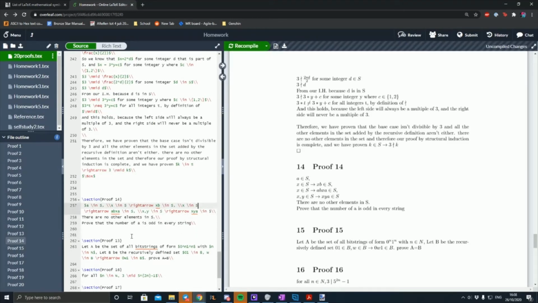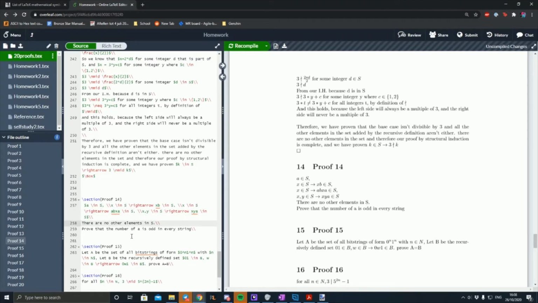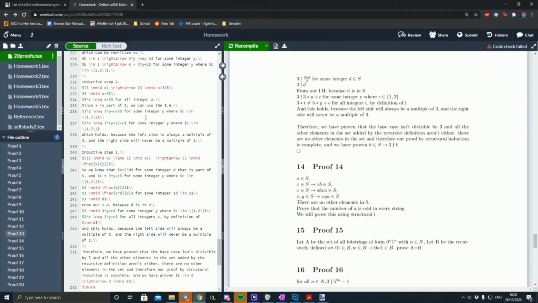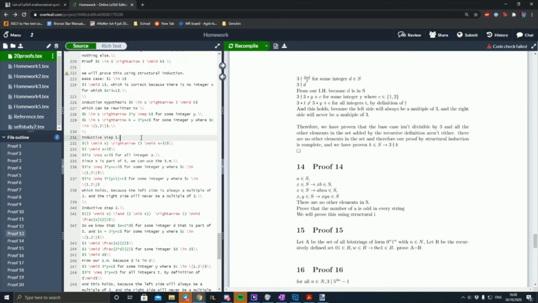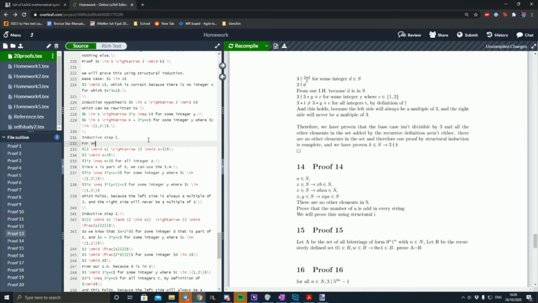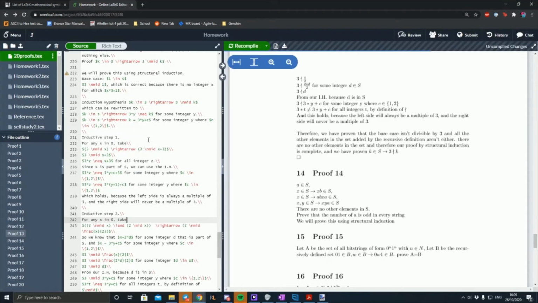Again, we will prove this using structural induction. Also, I should probably say for any x in S, take.